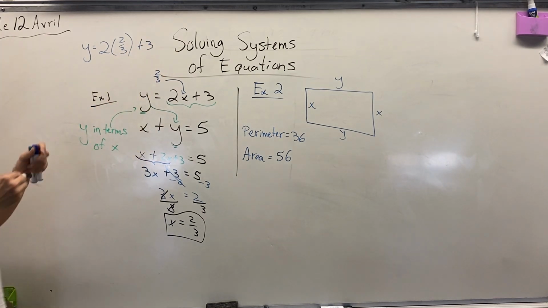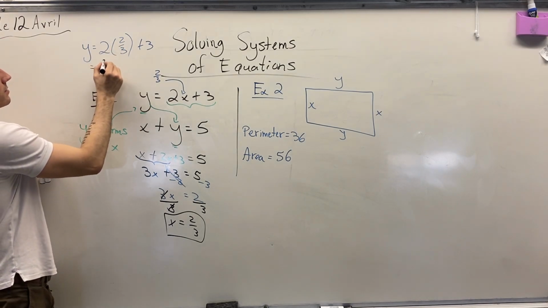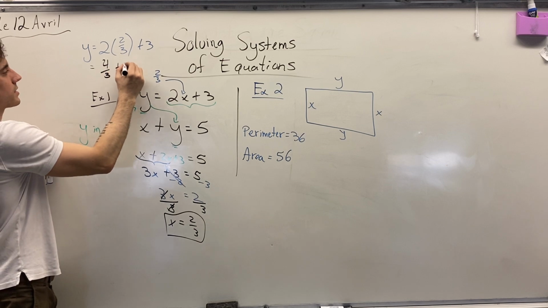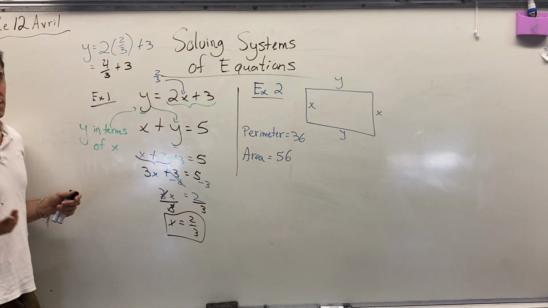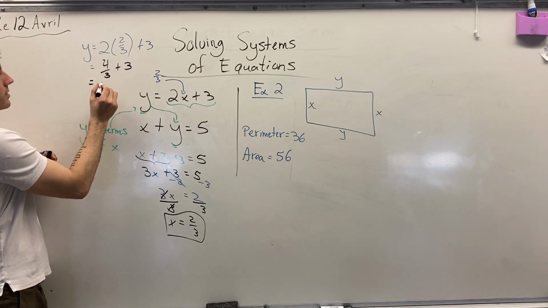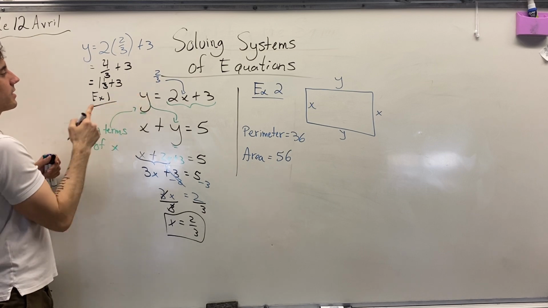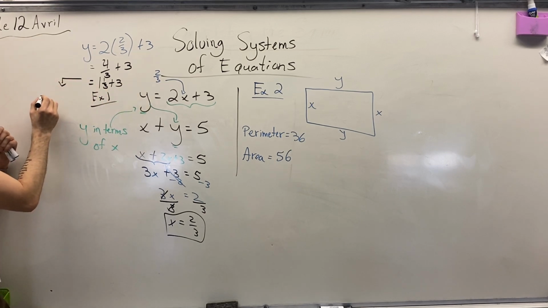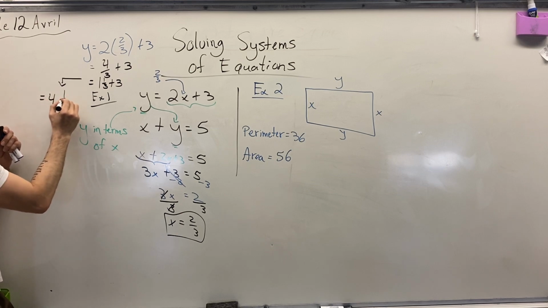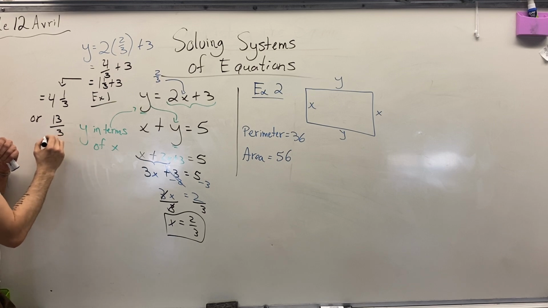Now, hopefully you remember how to multiply your brackets. 2 times 2/3 is 4/3 plus 3. And now you can change 4/3 to a mixed fraction, for example. So that'll be 1 and 1/3 plus 3, which is 4 and 1/3, or if you'd rather, 13/3.